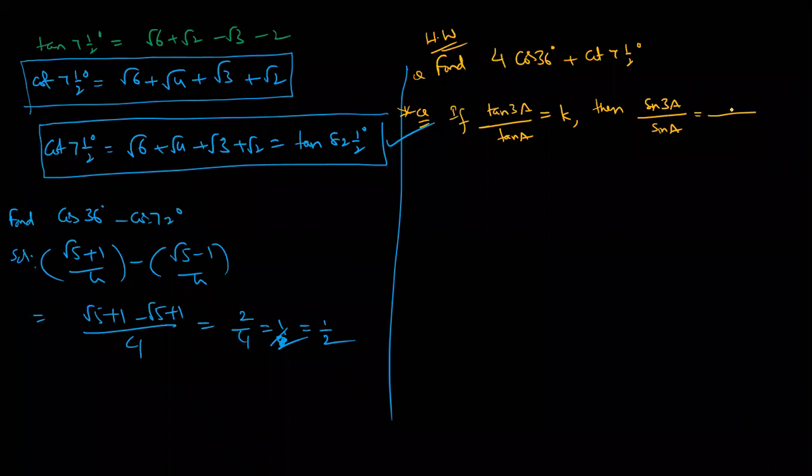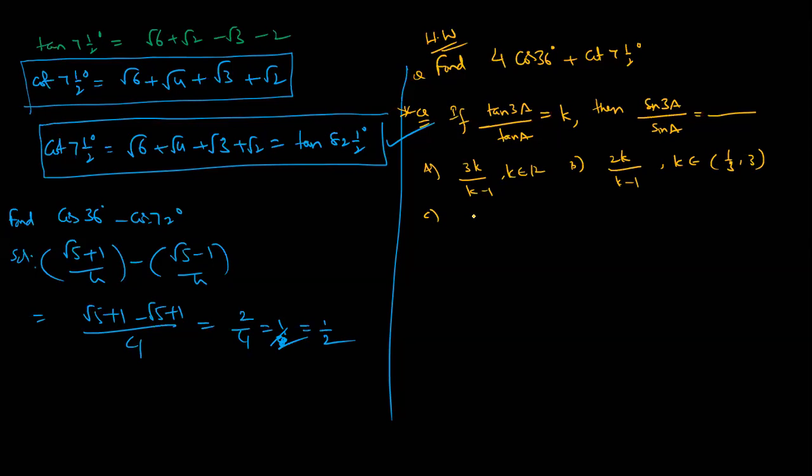What is the answer in terms of k? Option A: 3k by k minus 1, k belongs to R. B: 2k by k minus 1, k belongs to open interval 1 by 3 comma 3.